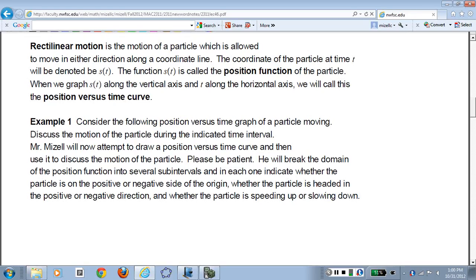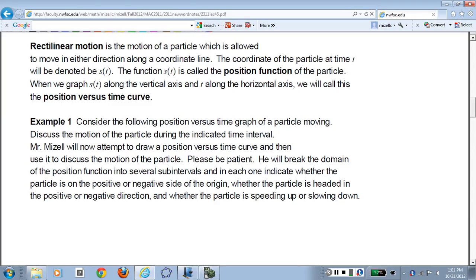So what we want to be able to do is tell on what intervals the function is on the positive side of the origin, on what intervals it's on the negative side of the origin, on what intervals the velocity is positive, basically it's moving in the positive direction, and on what intervals it's moving in the negative direction.